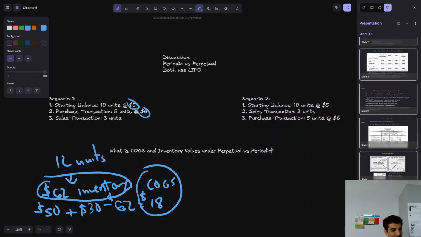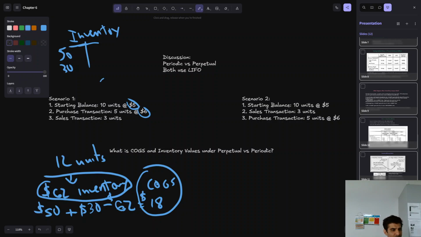Okay, so for perpetual, we would have had a T account. I'm just going to do the T accounts. For $50 of inventory, the purchase transaction would have been 30, right? The inventory. And then sales transactions, 3 units.